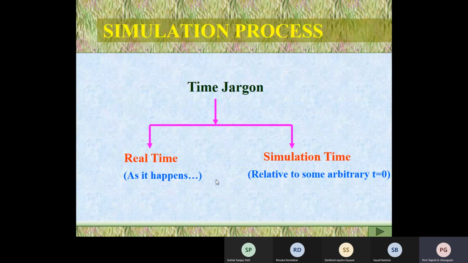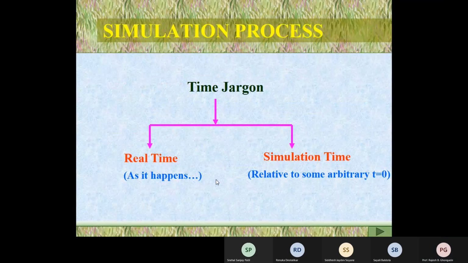Your simulation time and real time will never match. So in simple plain words, let us say 1 minute that happened in simulation time may take 5 minutes of real time, but still it will be indicating that this is the output after 1 minute, because its time frame is different.